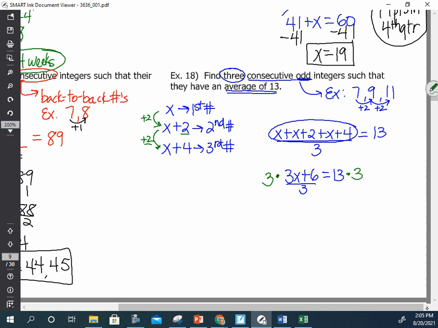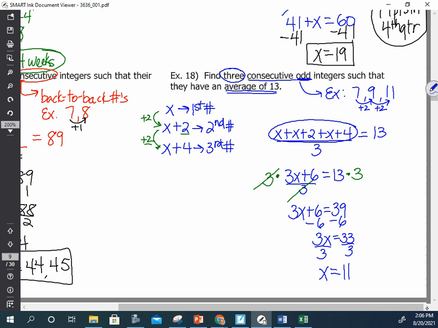That's going to lead to the 3s dropping out. 3x plus 6 equals 39. Subtract 6 on both sides, so 3x equals 33. Divide both sides by 3, so x equals 11.